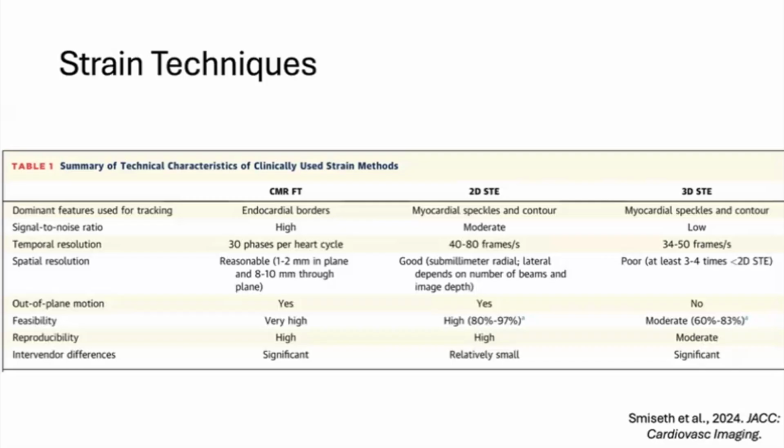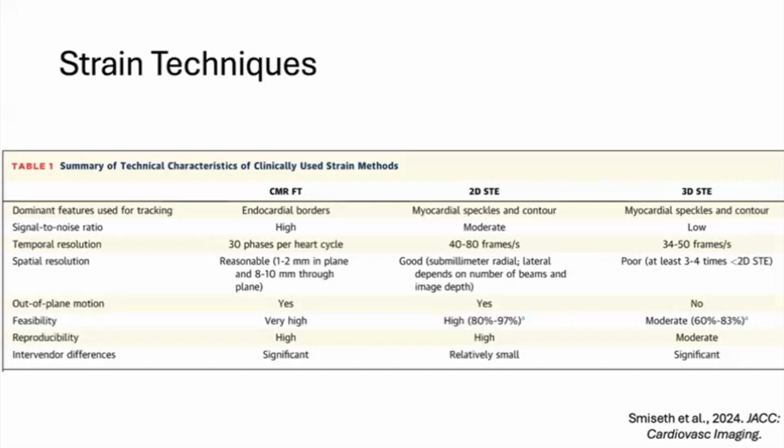In addition, spatial resolution in CMR is reasonable, to the tune of a few millimeters, but isn't as good as 2D echo in some cases, and that margin of error may or may not prove relevant. And this isn't to mention, of course, significant interventor differences and the logistical issues surrounding accessibility and cost of performing this kind of analysis routinely on a large number of patients.